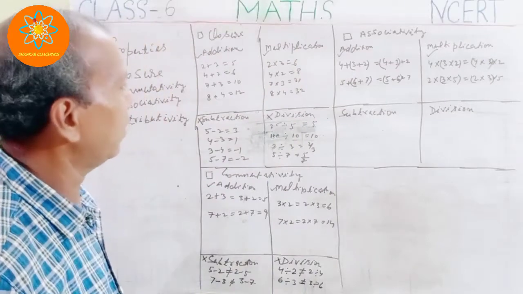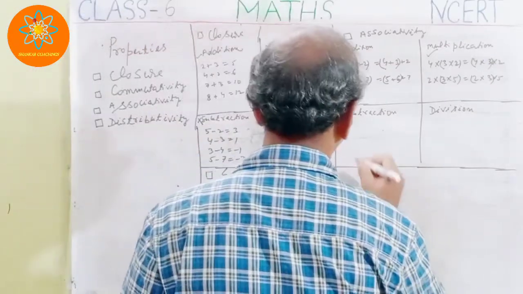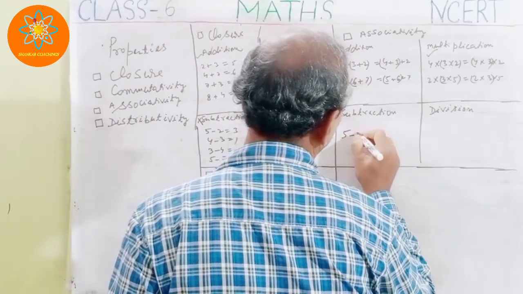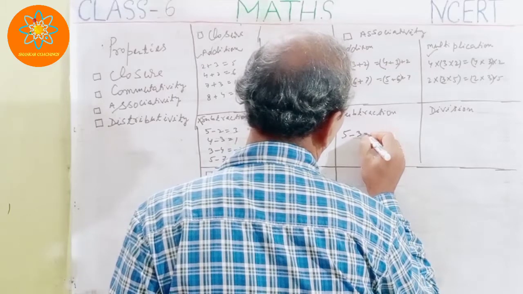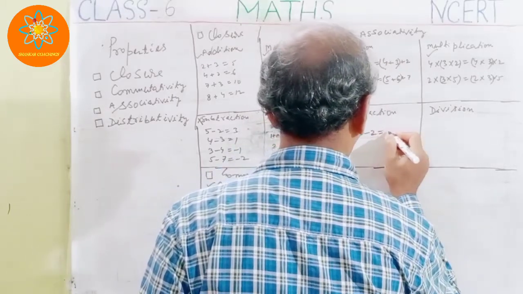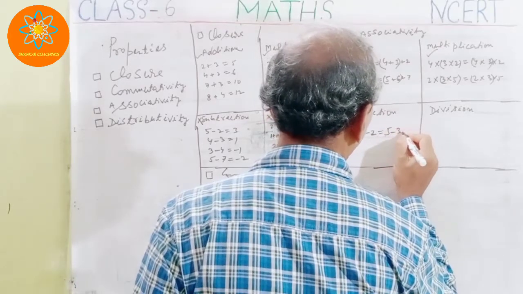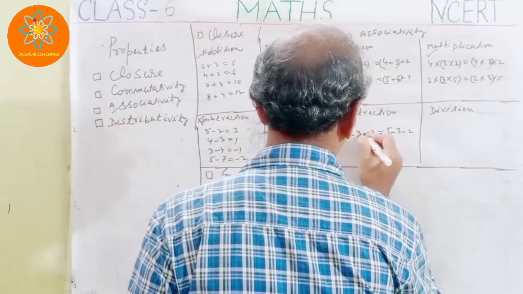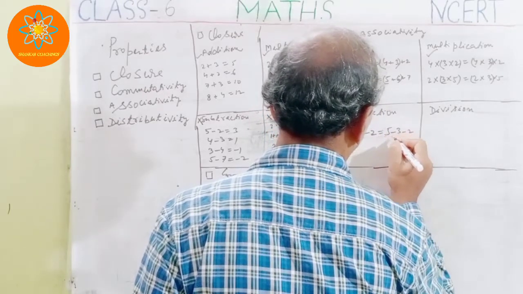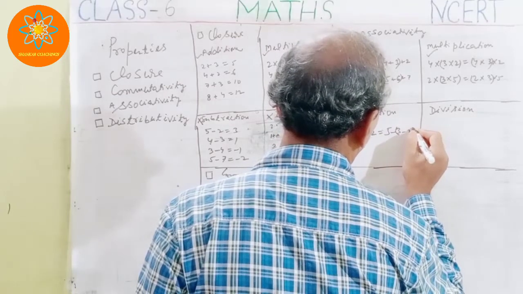Now come to the case of the subtraction. Let's suppose I am taking numbers 5 minus 3 minus 2, and here also 5 minus 3 minus 2. First of all, I will take these two, and then I will take the last two.